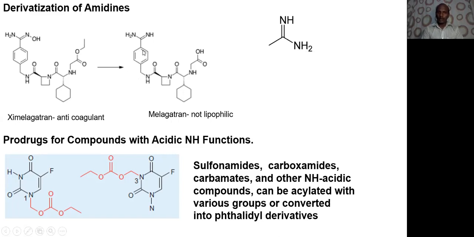Melagatran is the active molecule, which is an anticoagulant, but it is not lipophilic, because all of these moieties are hydrophilic. And I have an amidine, and this is a double prodrug. Okay, one more thing.